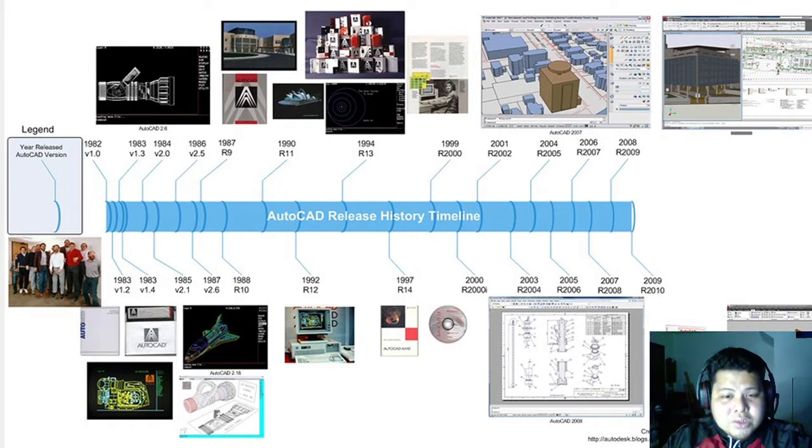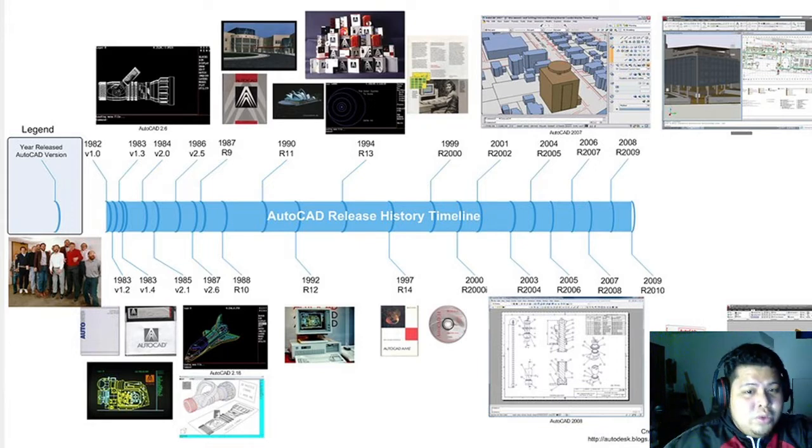But actually, I started doing AutoCAD in 2002. But around that time, our computers in PUP were not yet capable of handling the latest program. So what we were using back then was release 14, which was released in 1997.